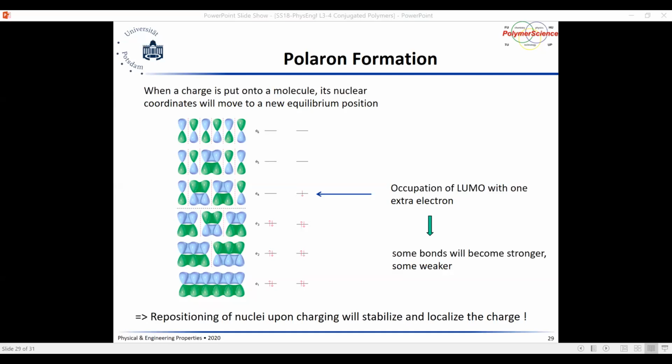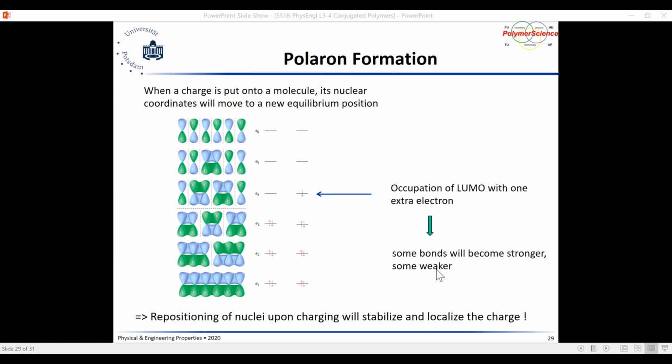So one question might be, how can we actually achieve this? You can create a polaron by chemical reduction or oxidation, by using a dopant molecule, or by injection or photogeneration of charges.